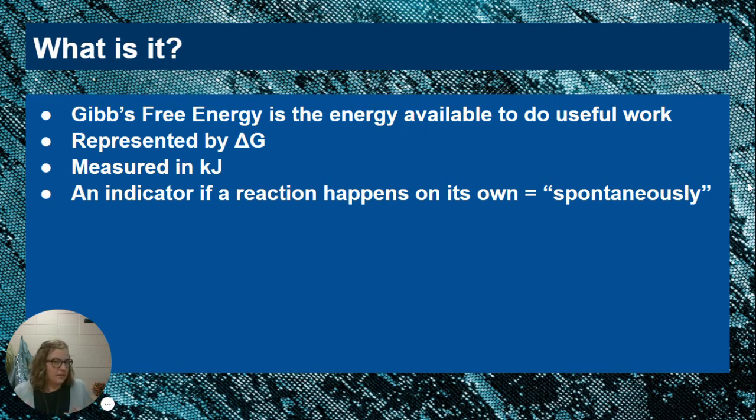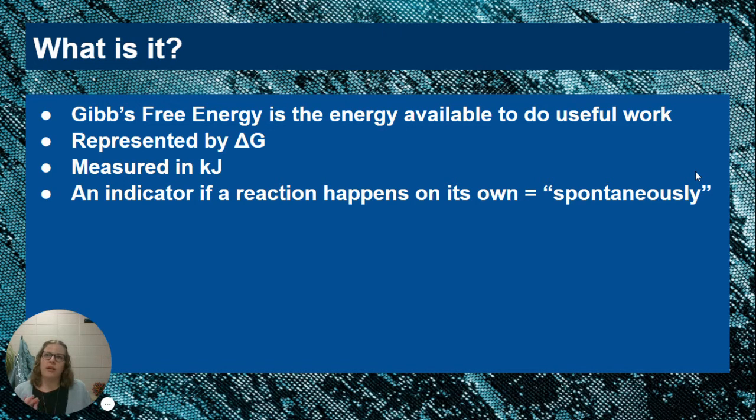It's not a fast process, but it does happen unassisted. If something happens spontaneously, it happens unassisted, just on its own, like melting ice or something like that. If something is non-spontaneous, it means that you need to help it all along the way to make that process happen. And the sign of Gibbs free energy indicates whether a process is spontaneous or not.